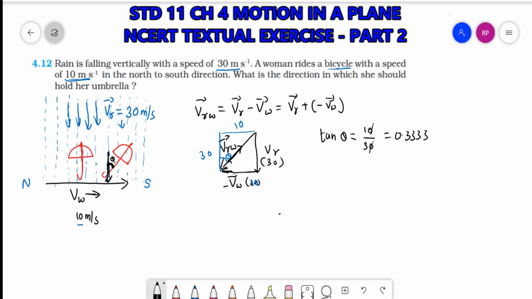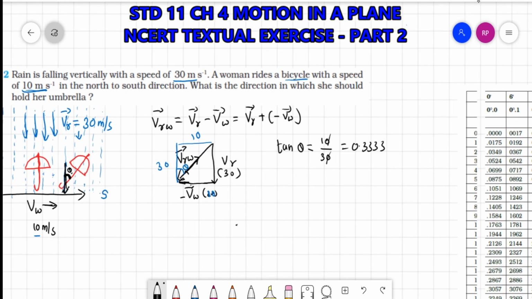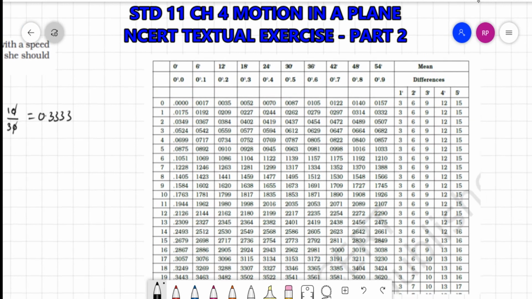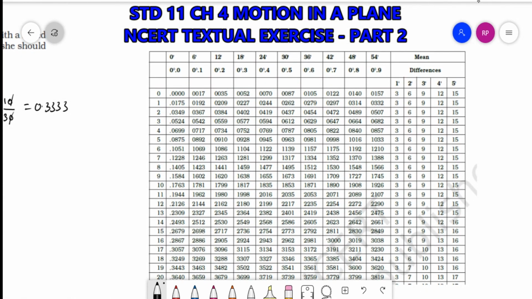So let's use it. For 0.3333, I get here 0.32, 0.33, 0.3327. This is the value which I got closer, 0.33, 18 degree 24 minute.